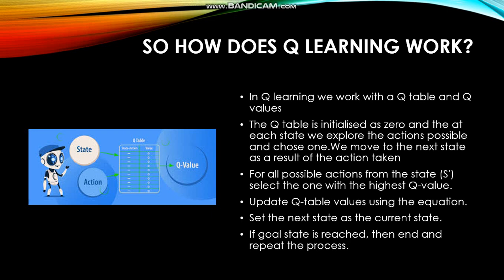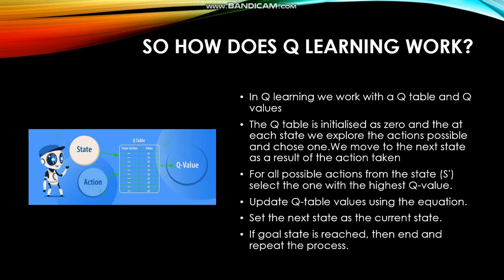So how does it really work? With all terms constant, that is the action, the state, the environment, and the agent, we still have the Q table and the Q value. In Q-learning, we work with the Q table and Q values. The Q table is initialized at first to 0, and at each state we explore the possible actions and choose one.